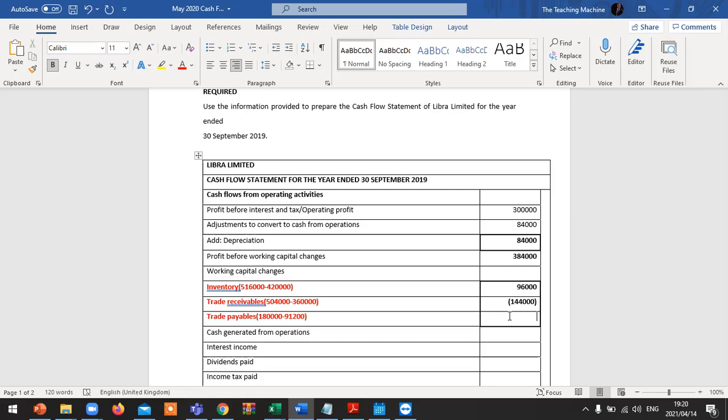So what's the difference between the two amounts? 88,800. No brackets because this is an inflow of cash. Any questions?